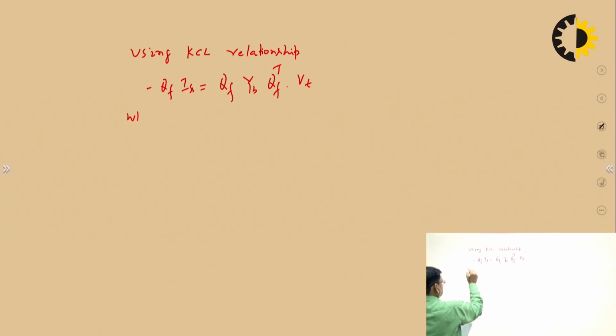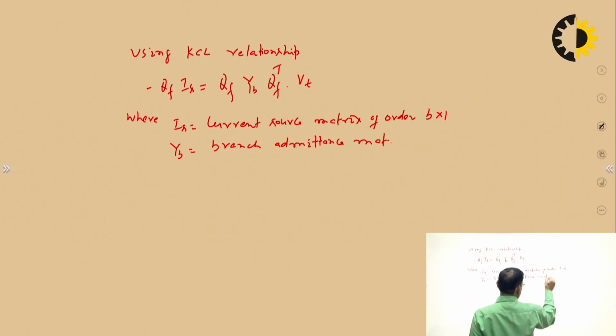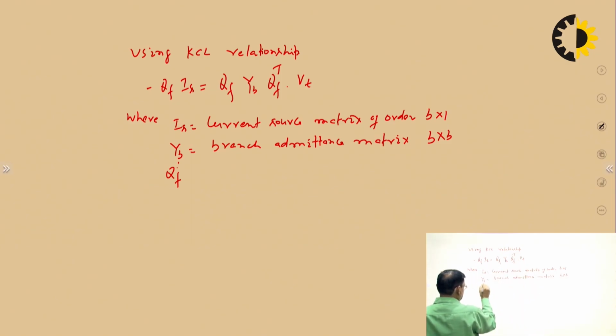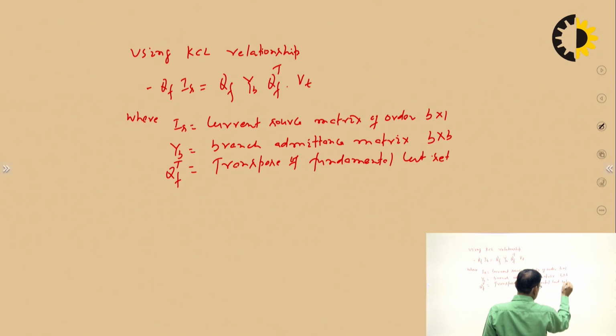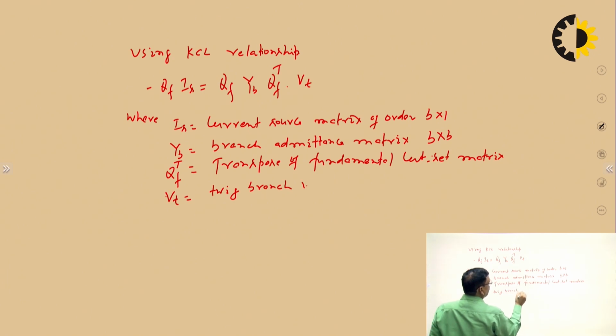Where IS is the current source of the order B into 1, so B is the number of branches, and QF transpose is the transpose of the fundamental cut set matrix, and VT is the twig branch voltage.